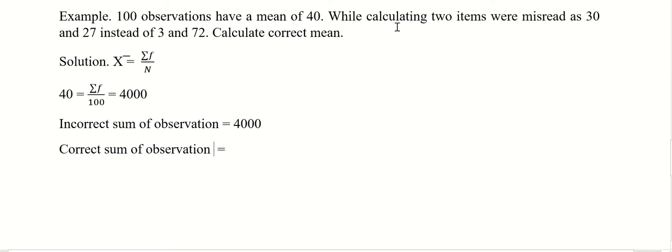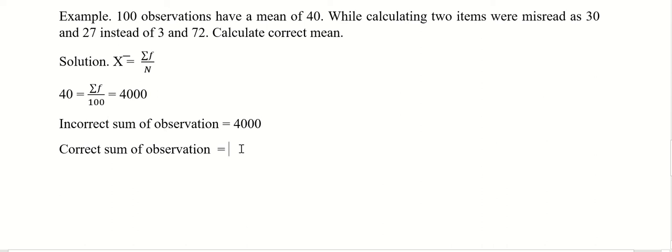We had 100 observations whose mean was 40, and while calculating, two items were misread as 30 and 27 instead of 3 and 72. So they misread 30 and 27, but the correct values were 3 and 72, right?